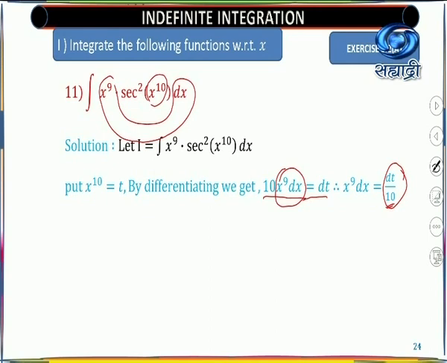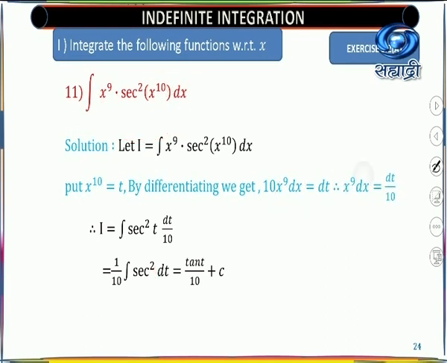So we'll substitute whatever value we got. That is integral of sec square t dt upon 10. 10 is the constant, so we'll take 1 upon 10 common. Integral sec square t dt. So what is integral of sec square t dt?